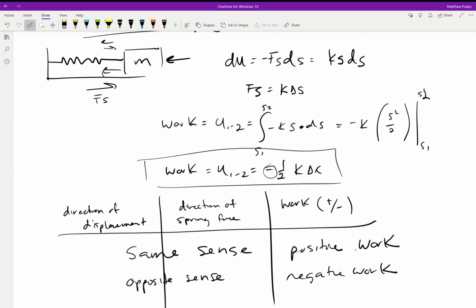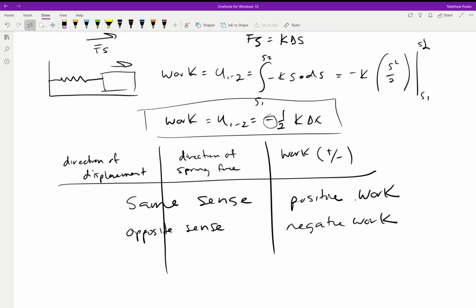If the spring was extending because it was compressed and making this move out rapidly, the spring is doing positive work on the mass because it's changing that spring energy into kinetic energy.